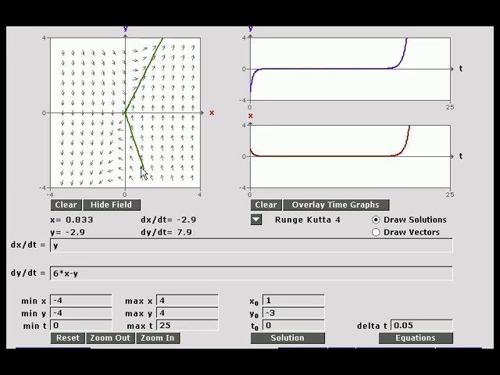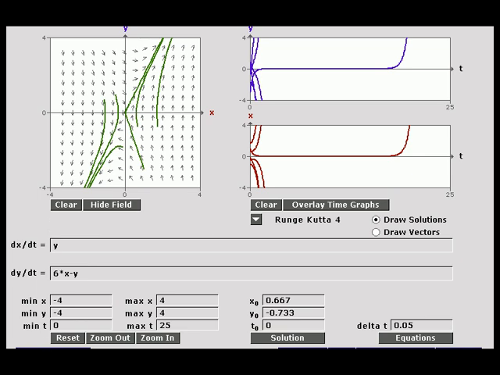Then 1, minus 3 is here. It gets sucked into the origin until it gets real close, then it gets blown away, just because of round off error. In other words, it should go to the origin in theory and should stay there, but a tiny bit of round off error makes it go unstable. So this is a lot more source than sink. If you start most anywhere else, you get blown away without even going toward the origin. So only if you start exactly on this line will you not get blown away, and even then you still get blown away because of round off error.